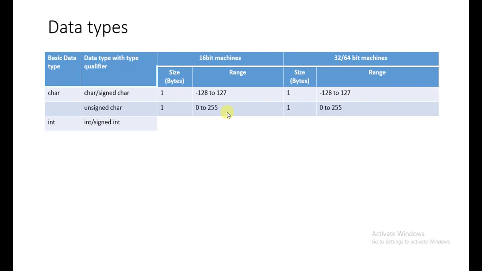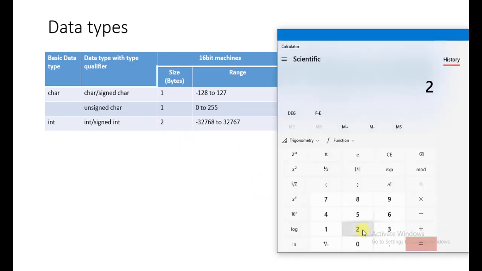The next basic type is int, with the sign qualifier. By default, int is also considered signed. The size of int in 16-bit machines is 2 bytes. Now let us do the calculation. 2 bytes means 16 bits, so 2 to the power of 16 is 65,536.